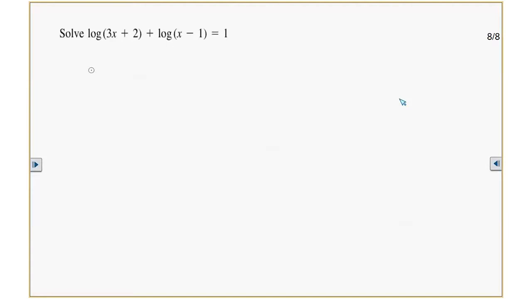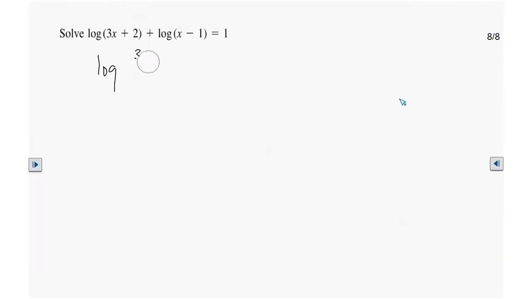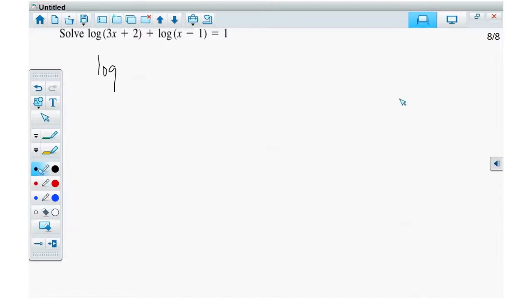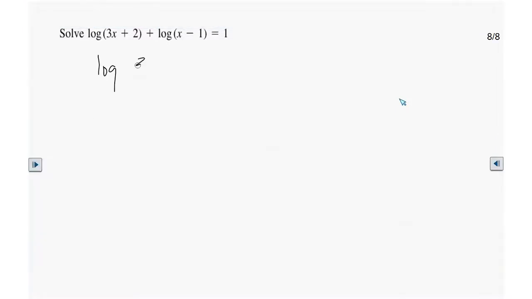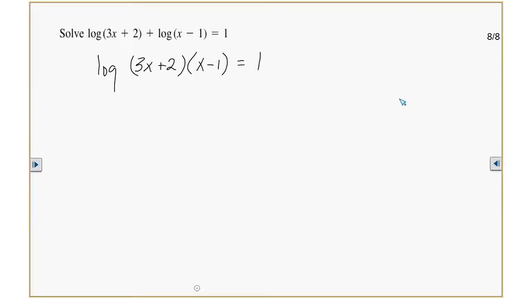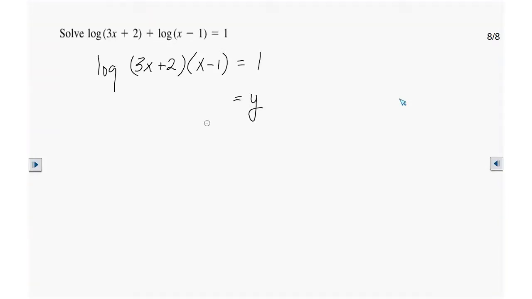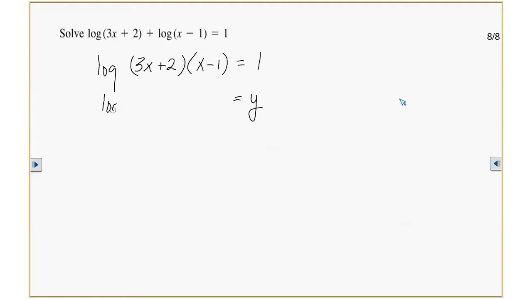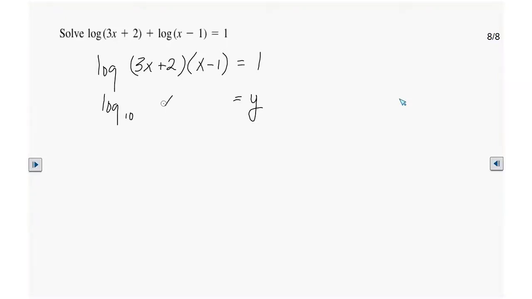Alright. Log of 3x plus 2 times what? Definition of logarithm. Y is equal to log base 10 of x.